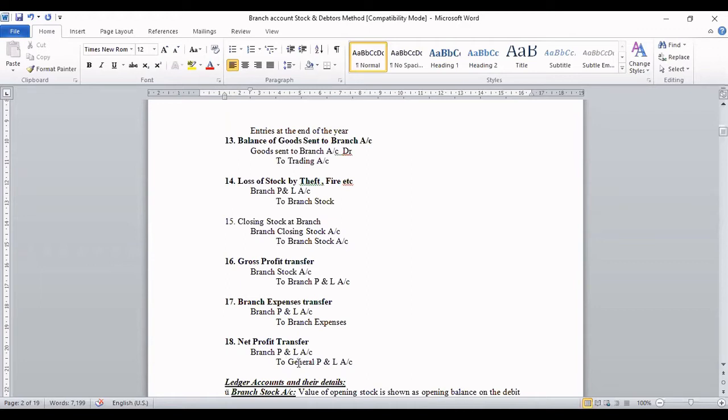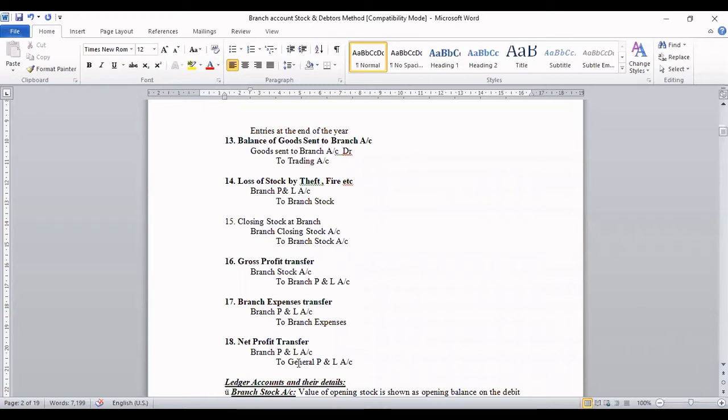Okay, fine. Now, how many accounts are we supposed to prepare? Generally, we have to prepare branch stock account, branch debtors account, branch cash account if required, then branch expense account, branch P&L account, and goods sent to branch account.